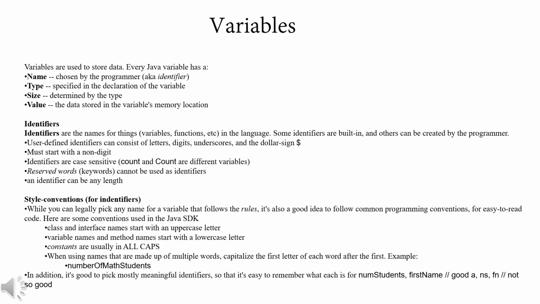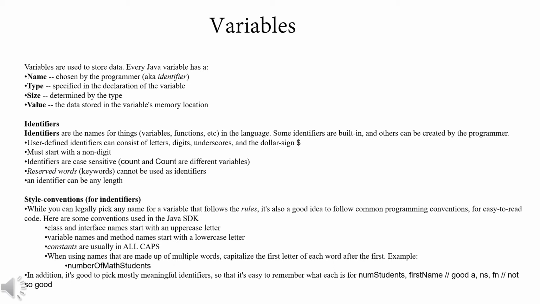So let's see some important things about variables. So variables in Java, each variable can have a name, type, size, and value. The name is the name of the variable, right? The type specifies the type of that variable, whether it can be integer, it can be double, it can be a character or anything.